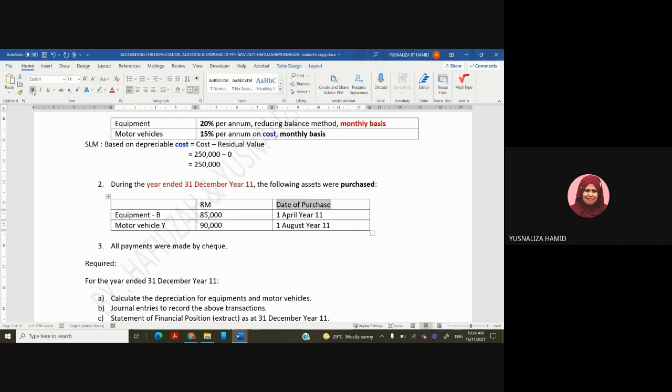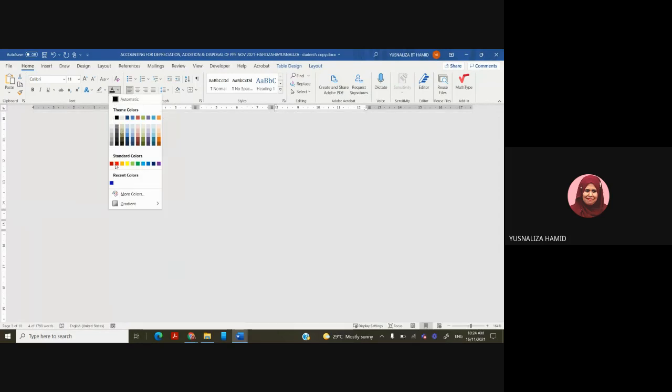So therefore, the asset is with you for just how many months? 9 months. Why 9 months? Because you purchase on 1st of April. From 1st of April until 31st of December, that was only 9 months.